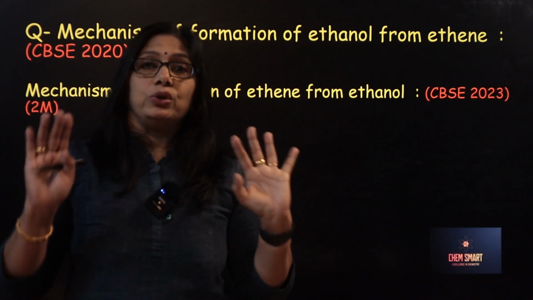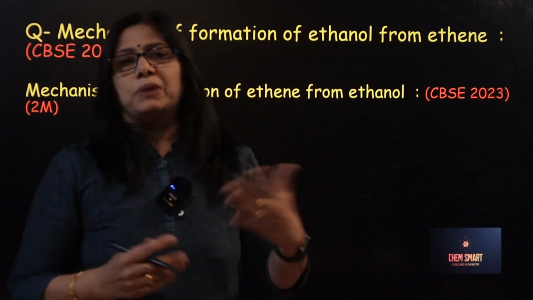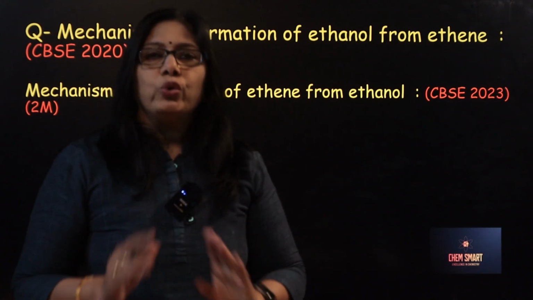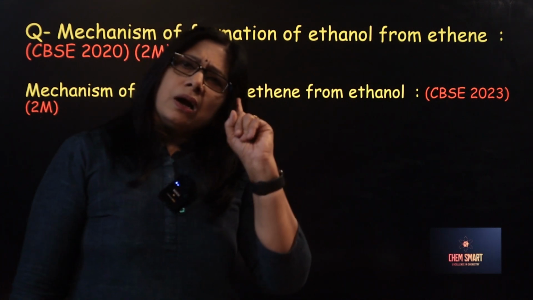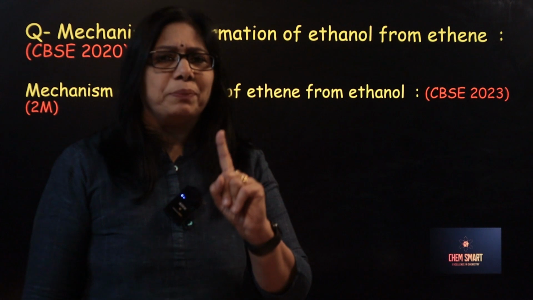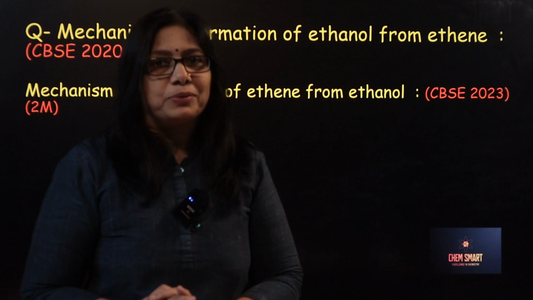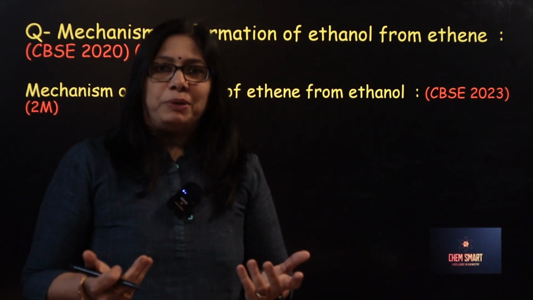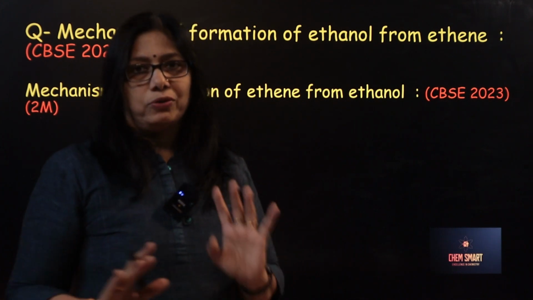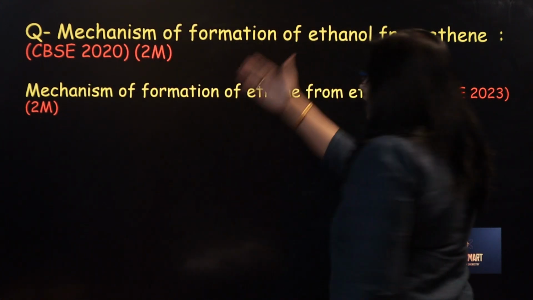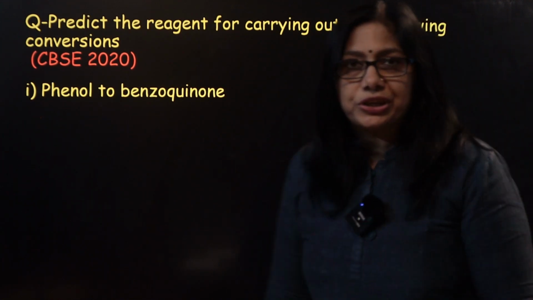You have to master these three-step mechanisms. Sometimes it will be for 3 marks, sometimes for 2 marks. Anyway, you cannot escape the mechanism. You have to write and practice it. Almost 100% sure you will get one mechanism in your paper. It is very difficult to see a board paper without a mechanism. I'm talking from my experience. So make sure to practice the mechanisms very well, from the textbook. I don't think we have to discuss that here in this session.